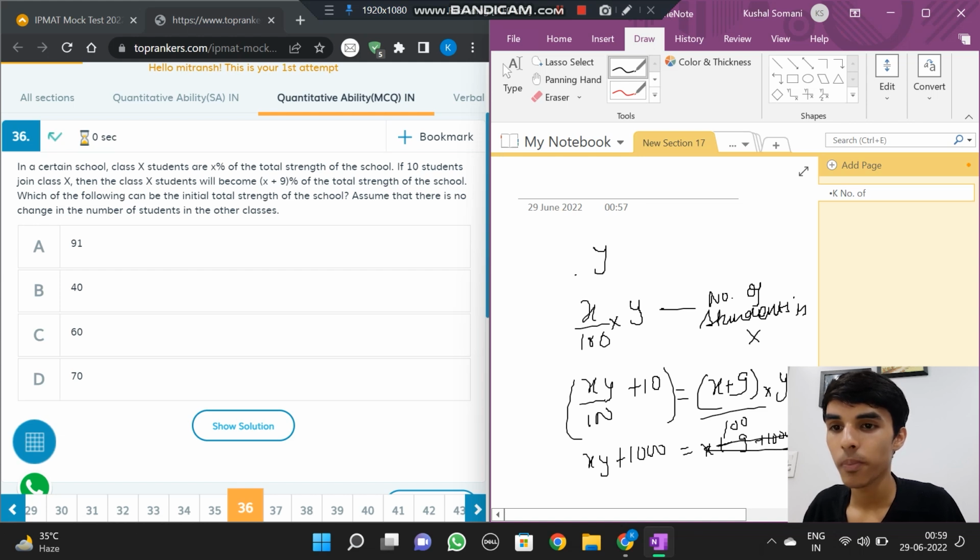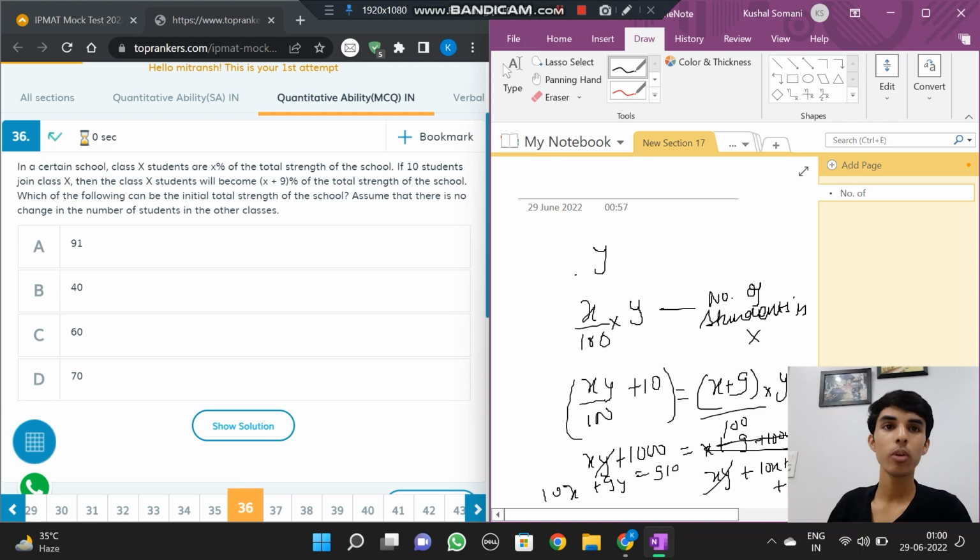So now we have got the equation, that is 10x plus 9y is equal to 910.